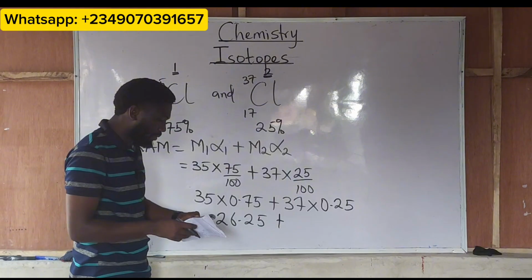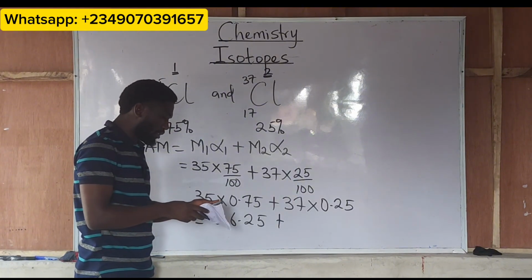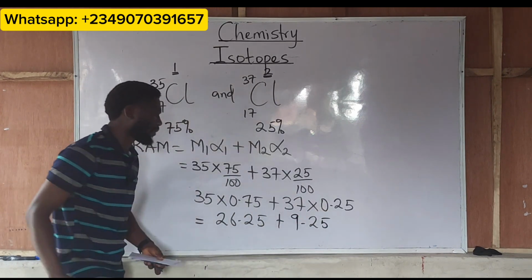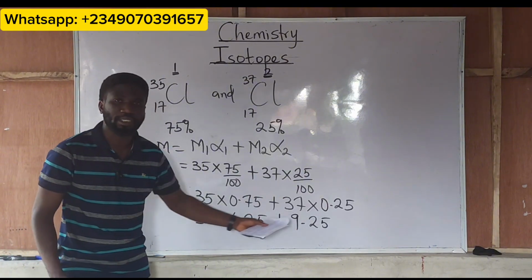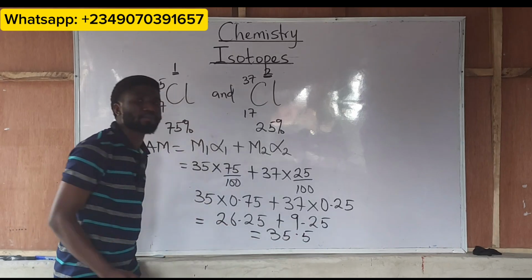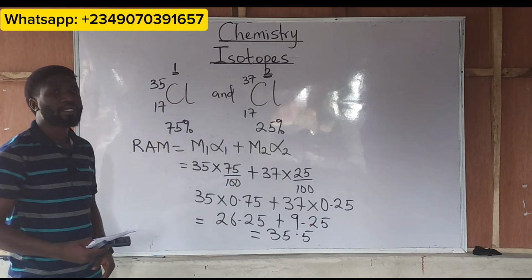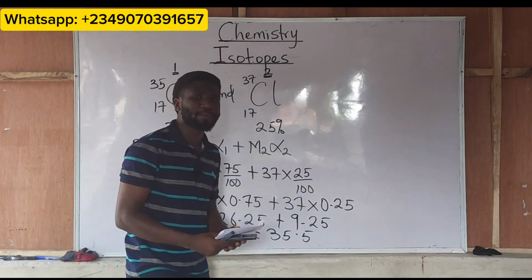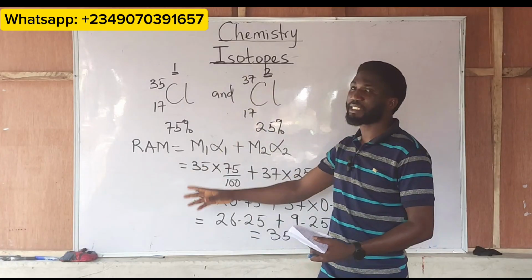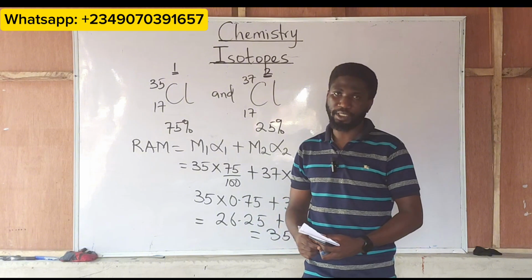And for this, 37 multiplied by 0.25 gives us 9.25. So if we add these two values together, we are going to have 35.5. So that means the relative atomic mass of this element is 35.5. So what we've done now is to calculate the relative atomic mass of an element involving percentage abundance.